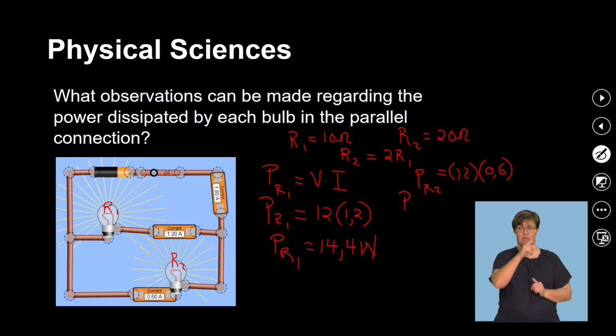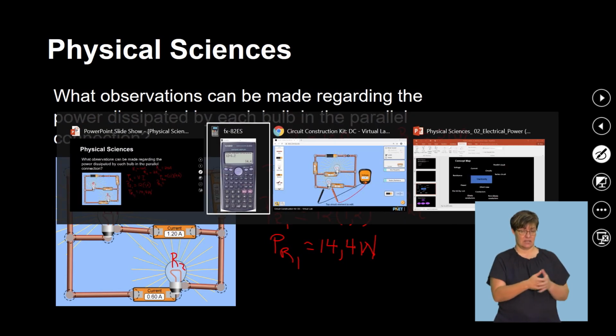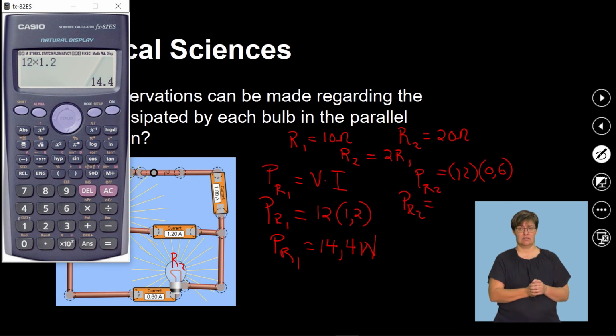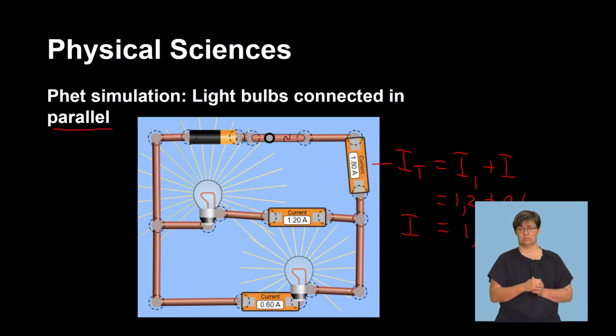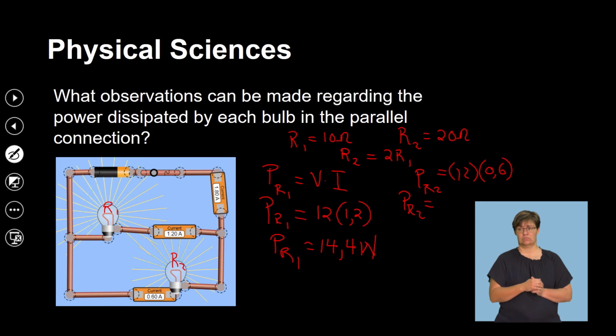So P for R2 is equal to, if we go to our calculator once more, 12 multiplied by 0.6. That gives us a power of 7.2 watts.